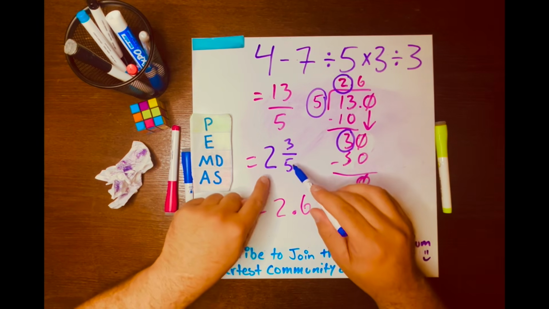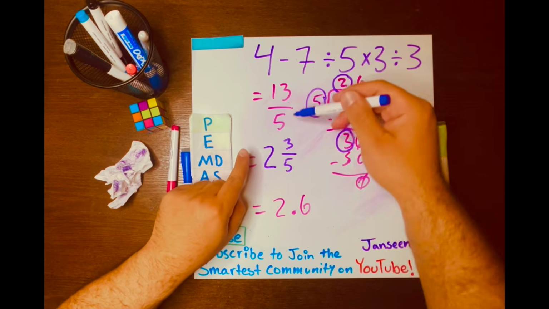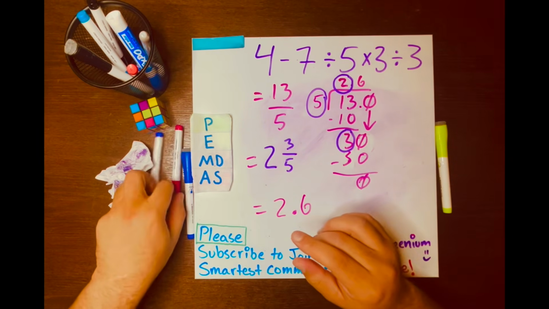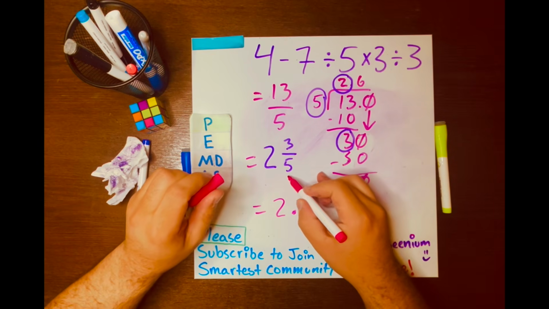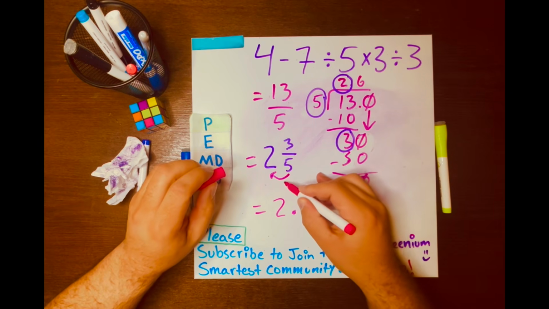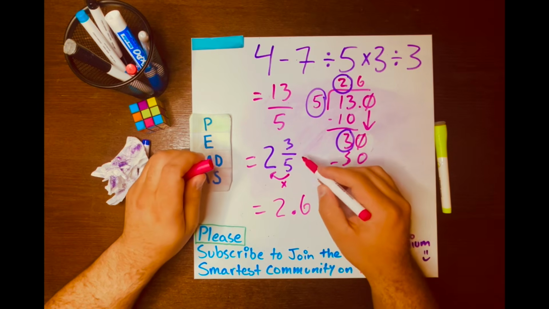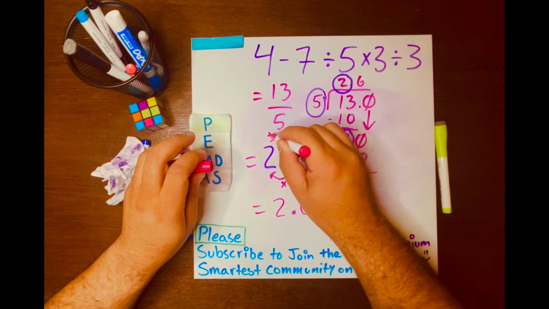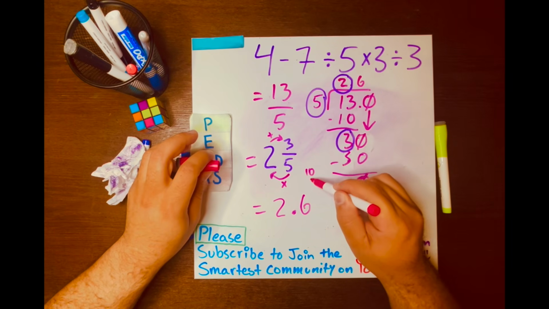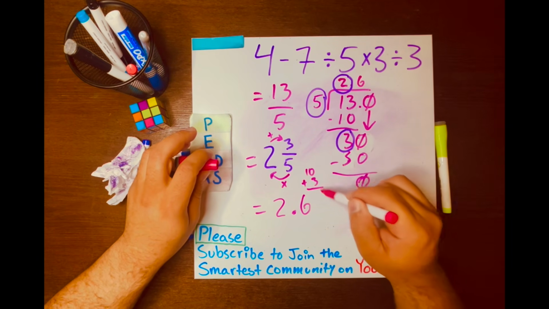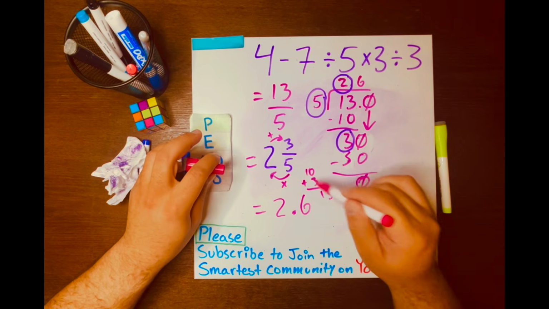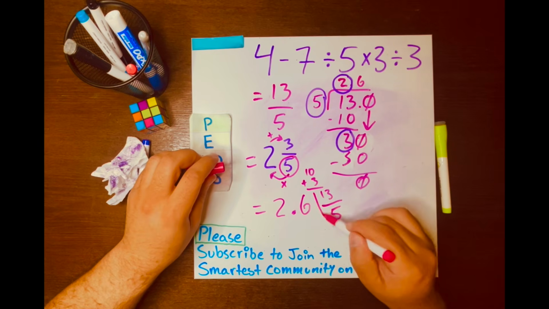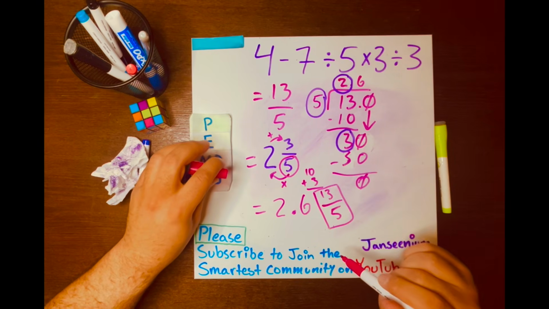And if you want to turn this mixed number into an improper fraction, all you have to do is multiply 5 times 2, which is 10, right? 10. And then you add what you have in your numerator, which is 3. So 10 plus 3, that's 13. And then you always keep the denominator the same, so it's 13 over 5. And there you go. You got 3 different answers.